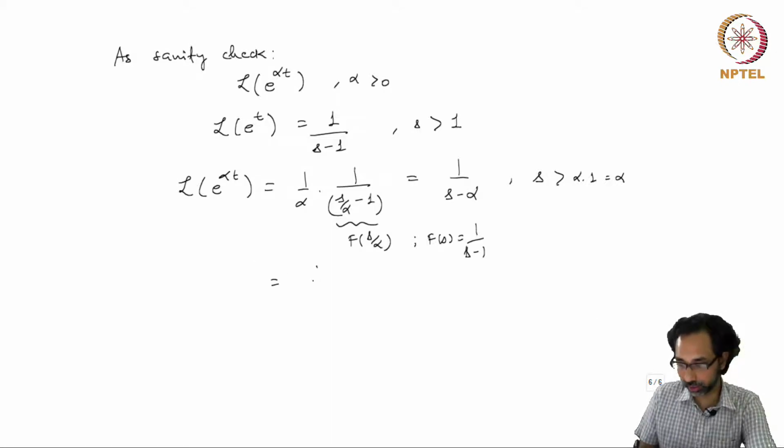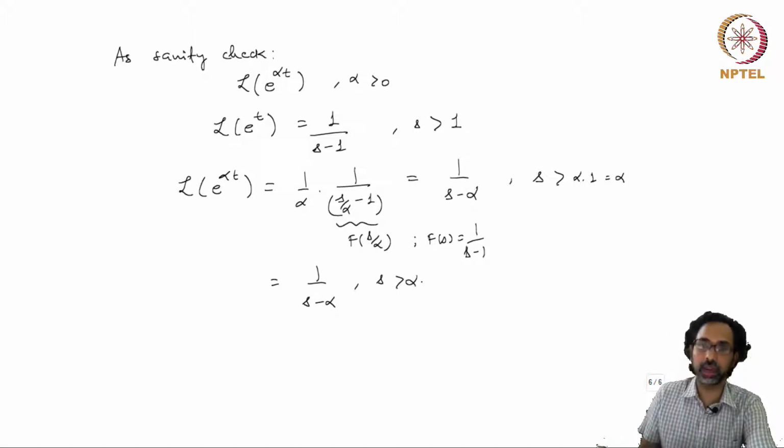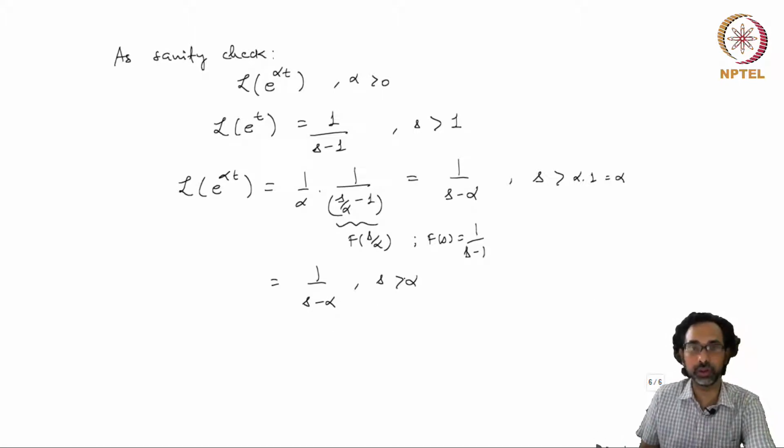So you get the Laplace transform of e to the alpha t is 1 over s minus alpha for s greater than alpha, and this is exactly what we got from a direct computation. So this formula is okay.